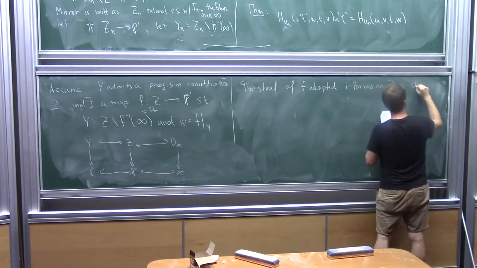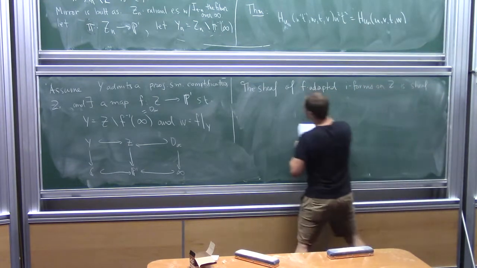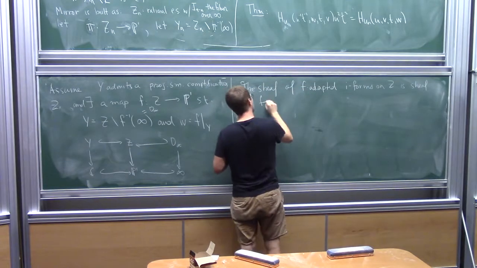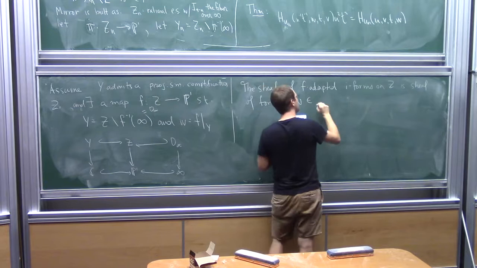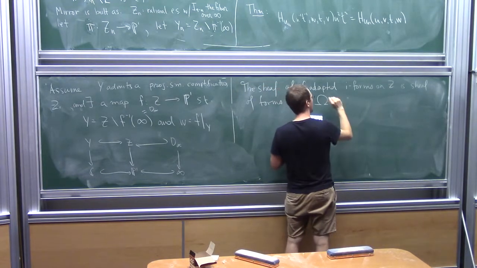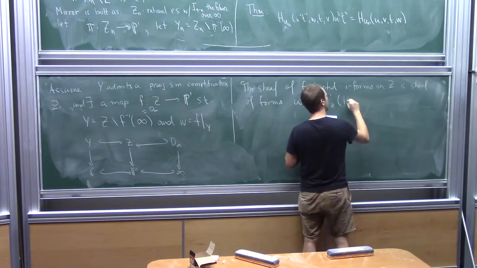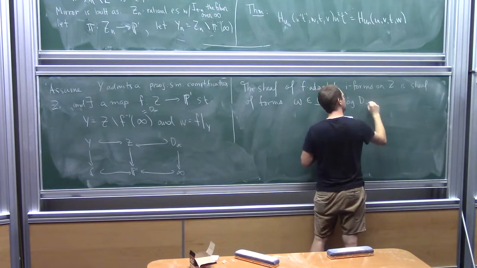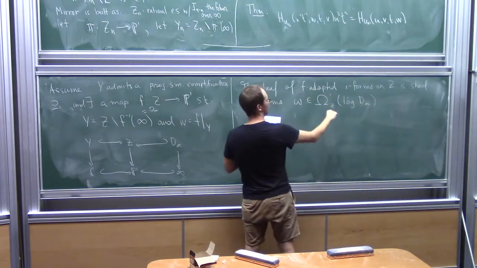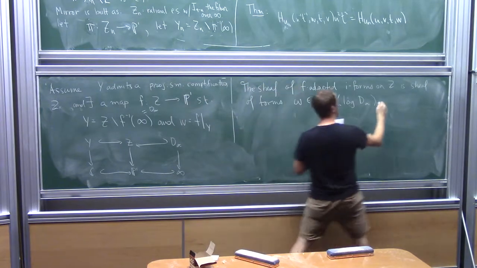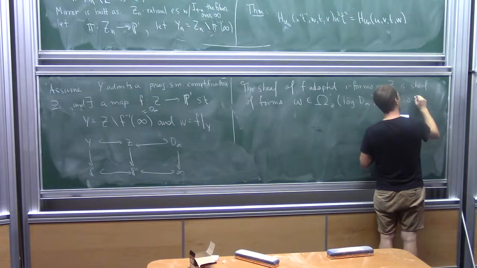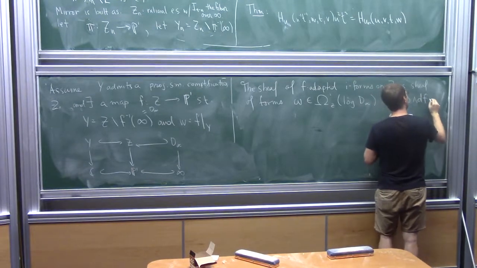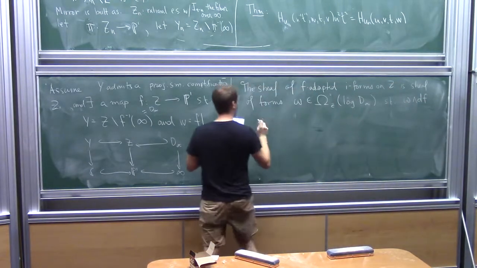It's going to be a subsheaf of the sheaf of logarithmic one-forms on Z with log poles at D infinity, such that, this is the local condition, when I take omega and I wedge it with dF, this thing still has log poles.